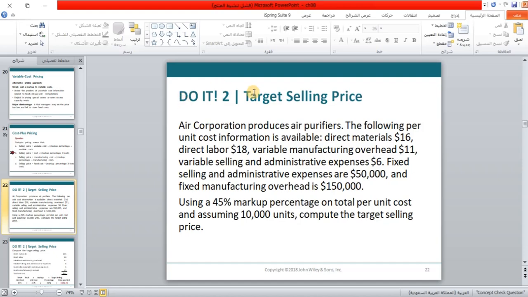Air Corporation produces air. The following per unit cost information is available.